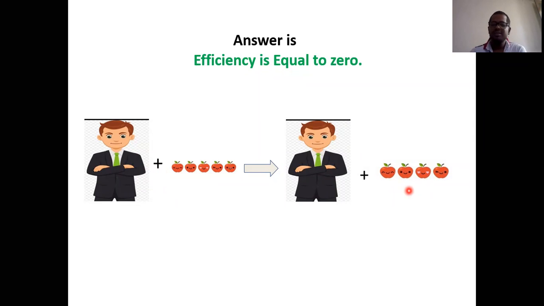When he wants to travel from Eluru to Vijayawada, he has to utilize some amount of energy. How much energy is utilized in this case? The energy equivalent to 1 apple. He has utilized some amount of energy, and that energy is equivalent to 1 apple. So that's why at the end I got only the energy equivalent to 4 apples.